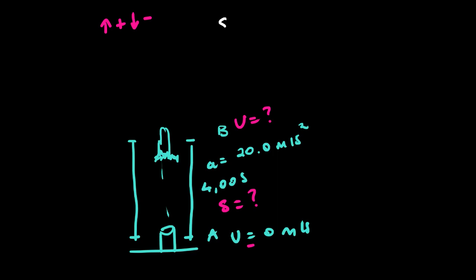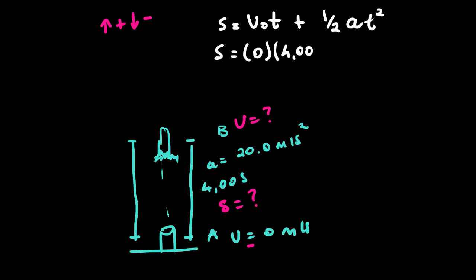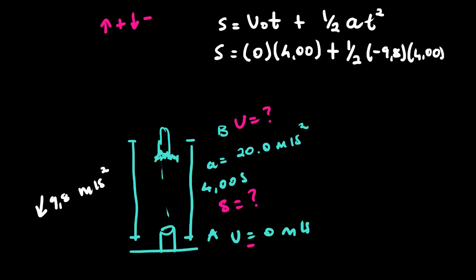We can simply use this equation: s equals v initial times t plus half a t squared. So s equals initial velocity of 0, times the time of 4.00 seconds, plus half. Remember that whether the object is going up or down, our 9.8 will always face down, 9.8 meters per second squared. So we have negative 9.8, and then our time is 4.00 squared.